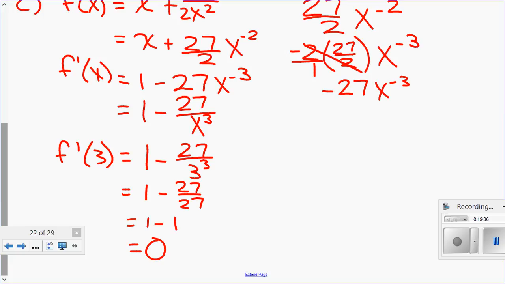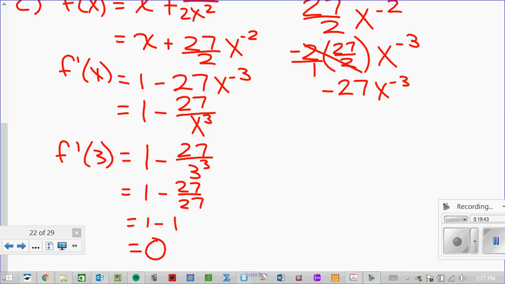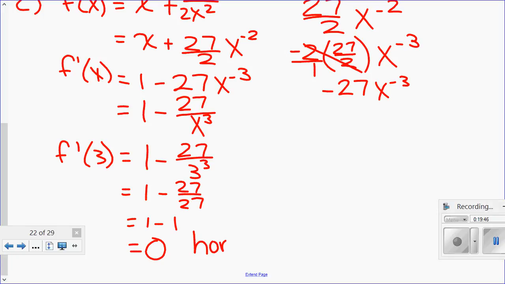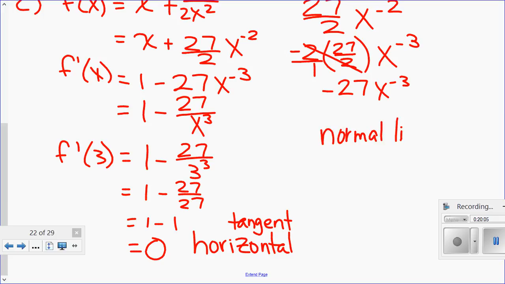So the slope of my line at 3 is what? 0. What kind of line? Okay, so the tangent line is horizontal, right? So the tangent is horizontal. So the normal line, it has a slope of what? You just said it, Myra. Normal line has a slope that's undefined.